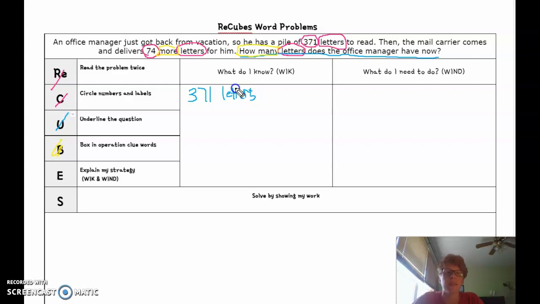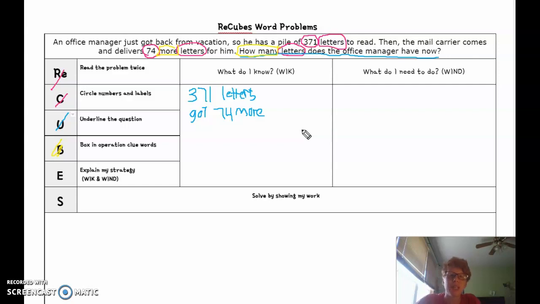371 letters. I also know that he got 74 more. And this is not a sentence moment. You don't have to have a capitalized letter. You don't have to have a period. This is more like a note-taking moment. Got 74 more. This is quick. We're just making notes here. So we know that he had 371 letters, and we know he got 74 more.